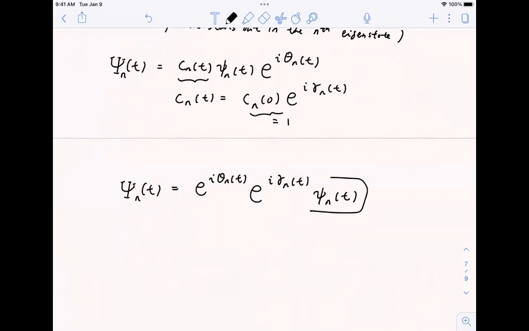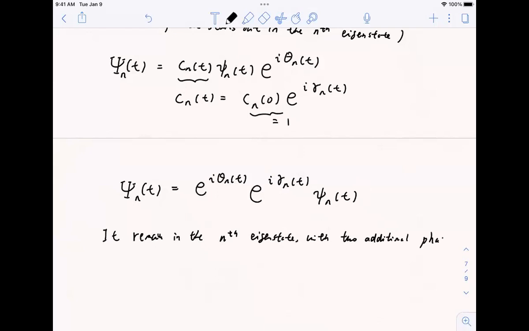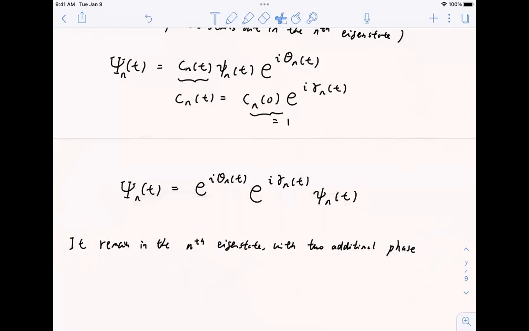It remains in the nth eigenstate with two additional phase factors.